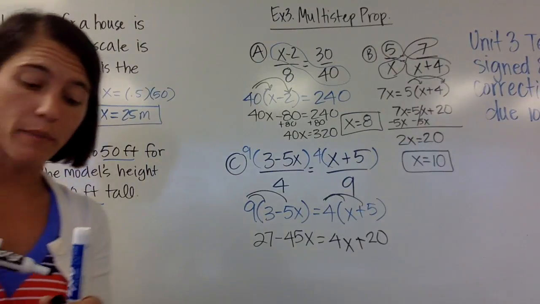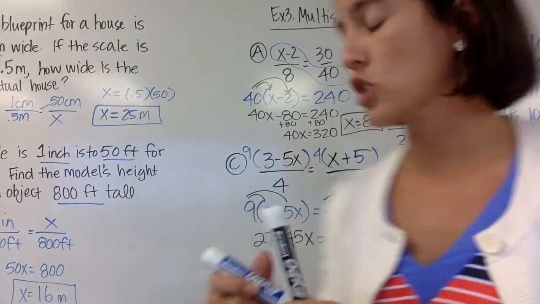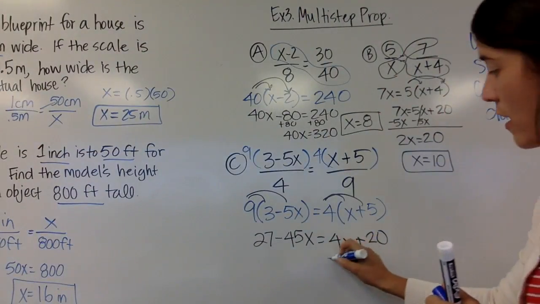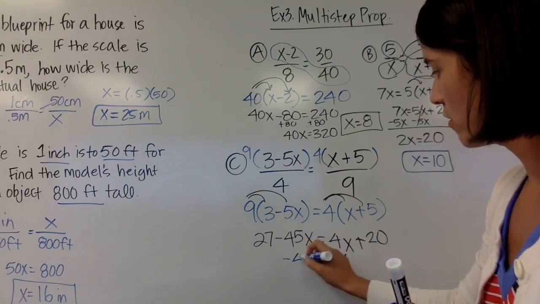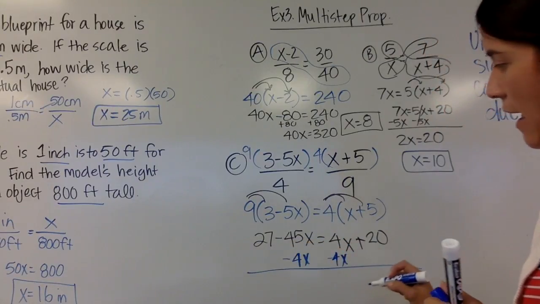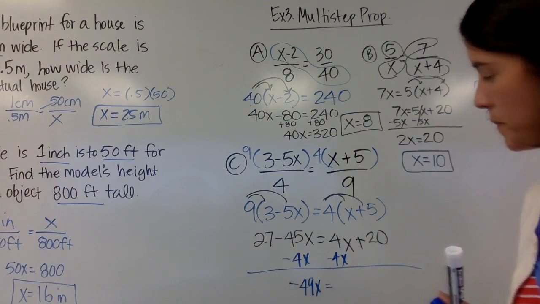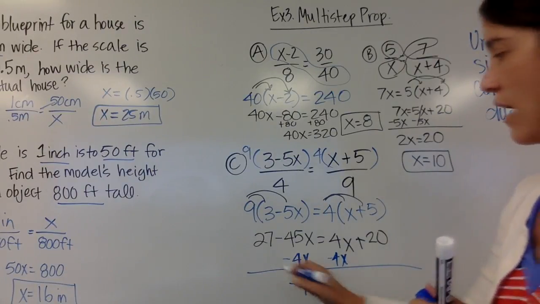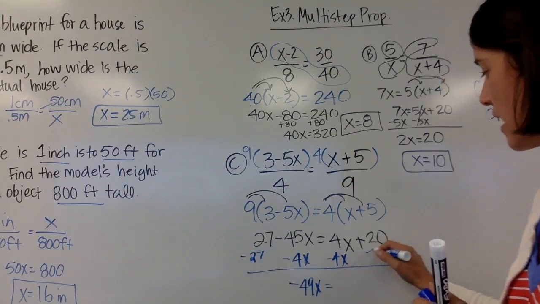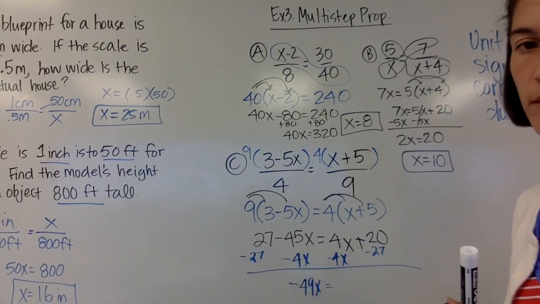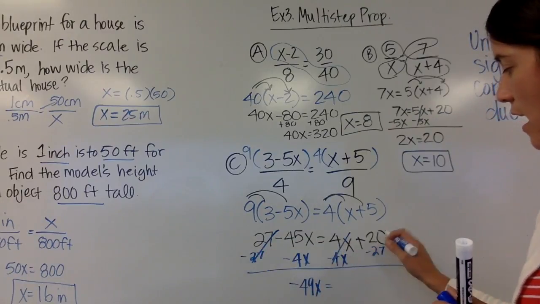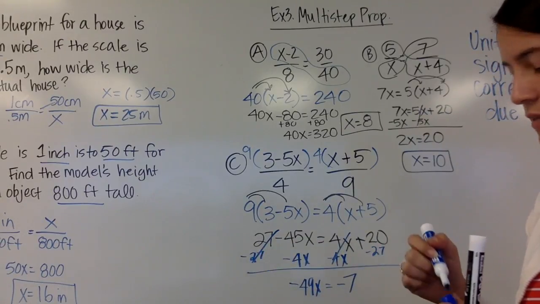I have variables on both sides, so I'm going to subtract 4x to move it over. And this gives me negative 49x. And then I'm going to subtract 27. And that's going to give me negative 7.